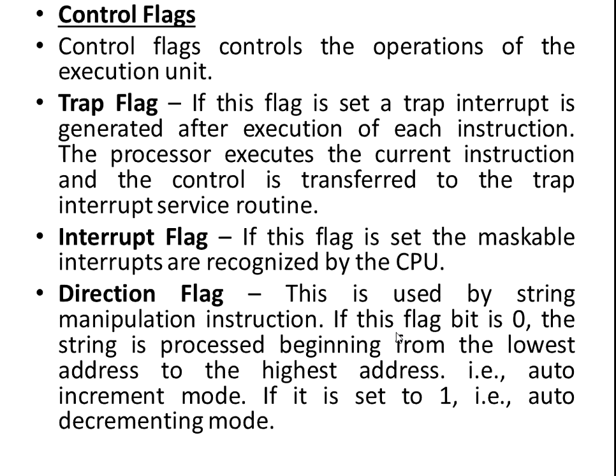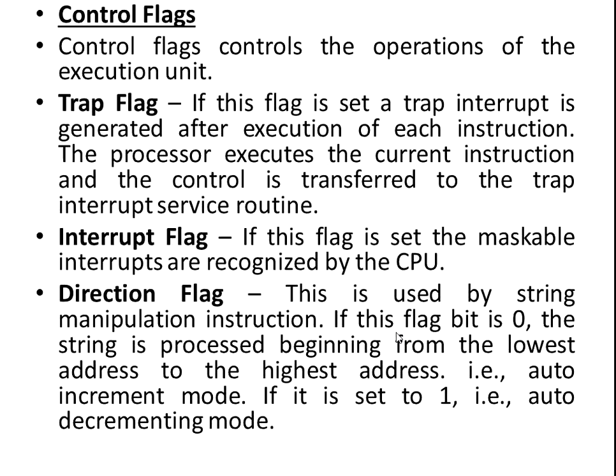The processor executes the current instruction and control is transferred to the trap interrupt service routine. It is actually used for single step control, allowing the user to execute one instruction of a program at a time for debugging. So when the trap flag is set, the program can run in single step mode.